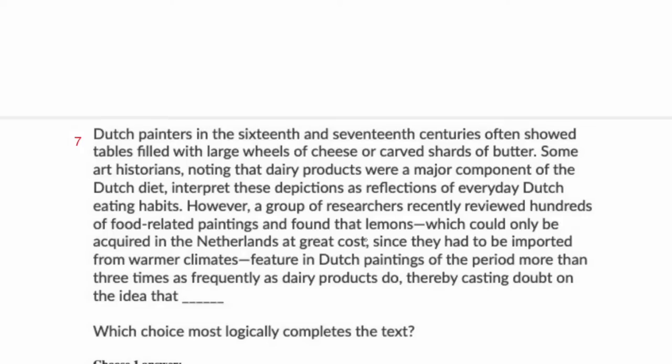Okay, so if something that would have been less common or less accessible, namely lemons, appears more frequently in the paintings than dairy products, I think that would cast doubt on the idea that there is a correlation. I might misspell this. Well, let's see. Correlate.